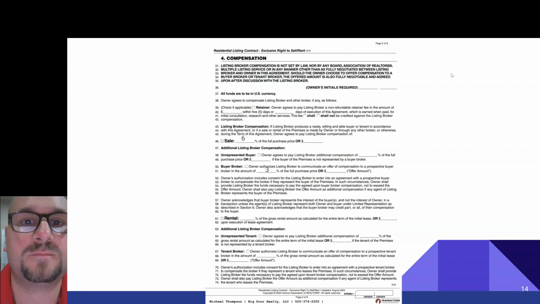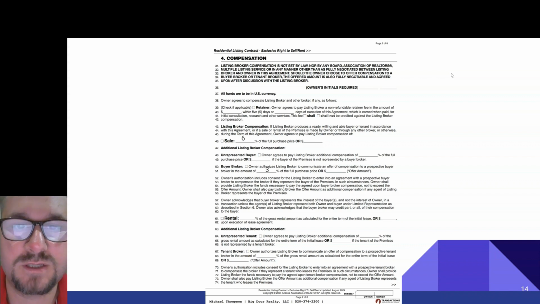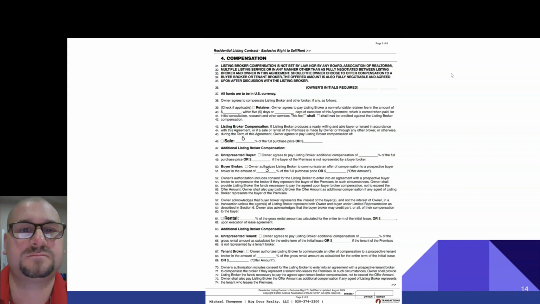So retainer, owner agrees to pay listing broker a non-refundable retainer fee in the amount of blank within 5 days or blank days of execution of this agreement, which is earned when paid for initial consultation, research, and other services. The fee, you need to mark, shall not be credited against the listing broker compensation.